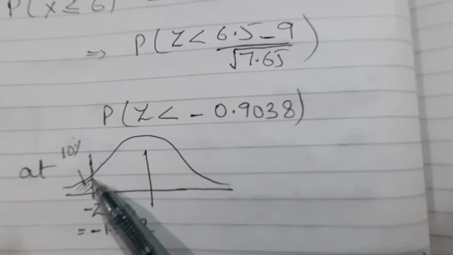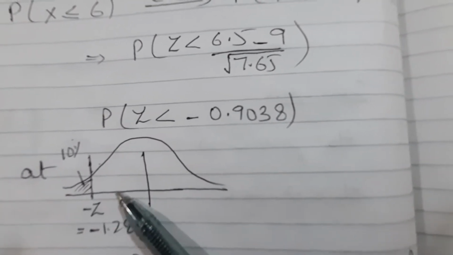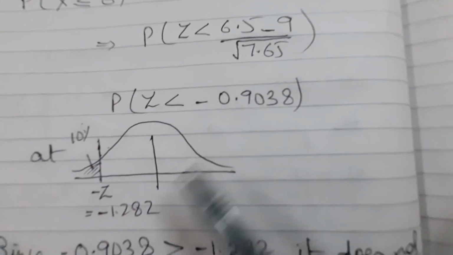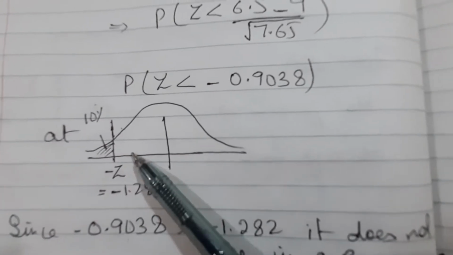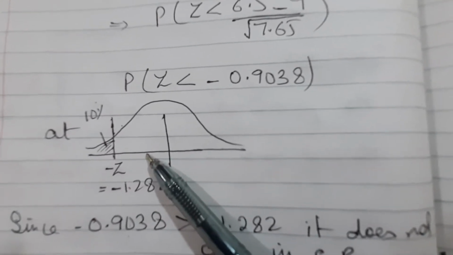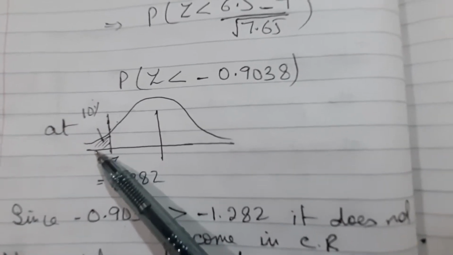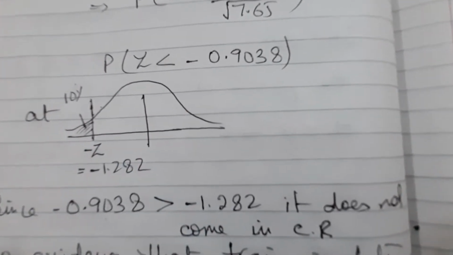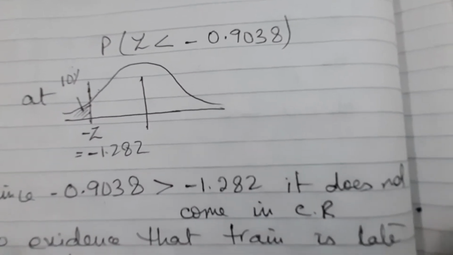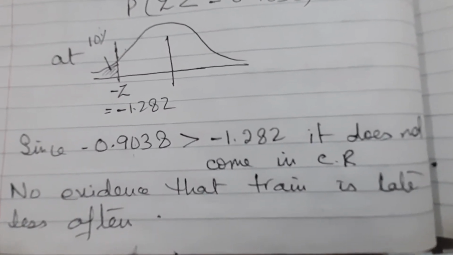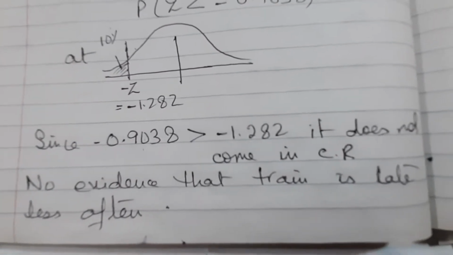Do you think it is here or here? Yes, it is here. According to the number line, 0.9038 is bigger than this number, so it will come on this side. It means the value is not in the critical region, and therefore you cannot reject H0. And if you cannot reject H0, it simply means that there is no evidence that the train is late less often.